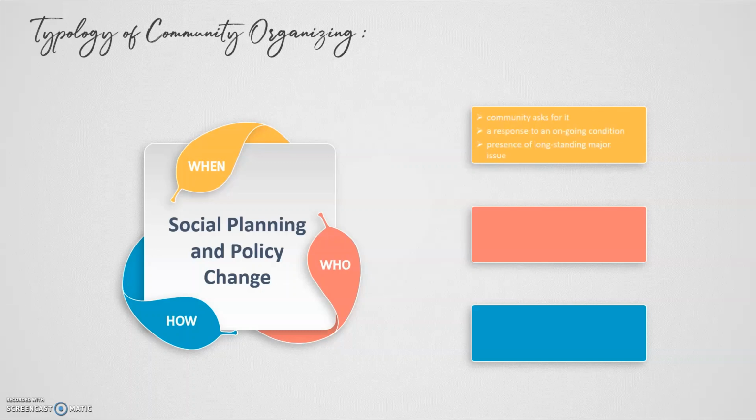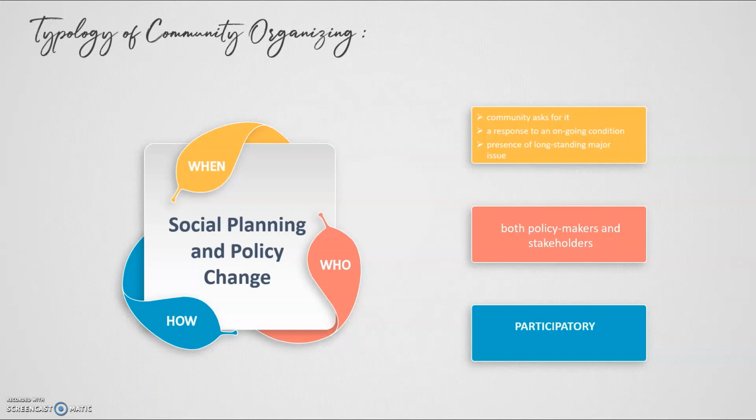Example, sa perspective ng policymakers, they have to create a particular policy or law because maybe the community asks for it, or maybe there is a situation ongoing and there's a need for a response to it, or there is an existing long standing major issue.